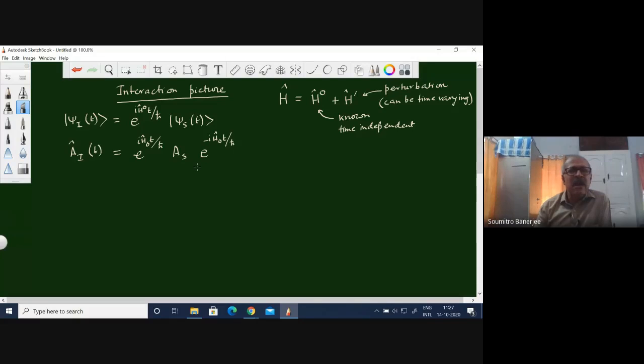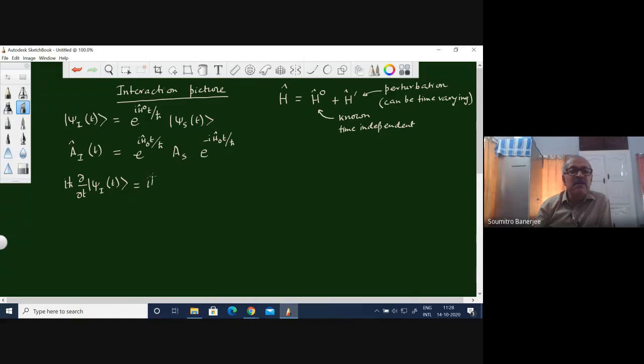First important question is how does the Schrodinger equation look in this picture? So the Schrodinger equation is i h cross del t of the psi function, but in this case we need to work out with the psi I, and this is what we have to work out. What will be there in the right hand side? So if we have to do that, then I will have to just take a derivative of whatever we have in the right hand side with respect to time.